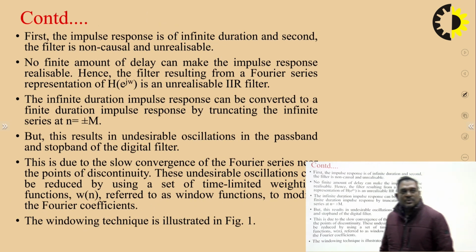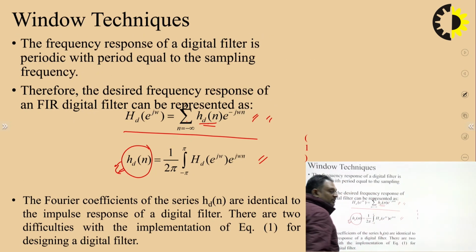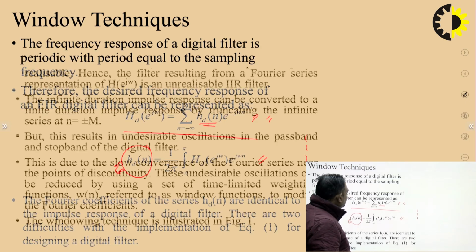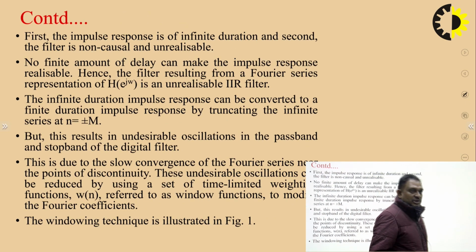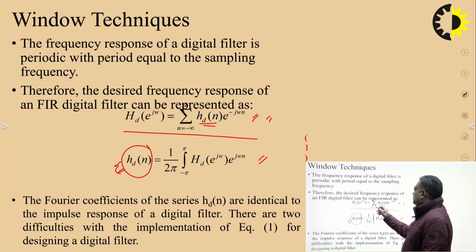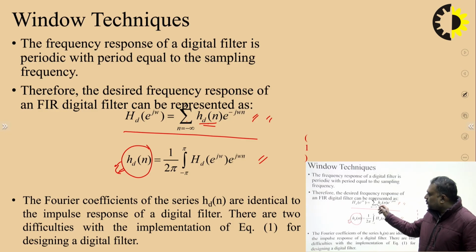First, the impulse response is of infinite duration, and another problem is that it is non-causal. You can see here the limit is from minus infinity to infinity. So there are two difficulties: one is that its nature is non-causal, and another is that it is of infinite duration.